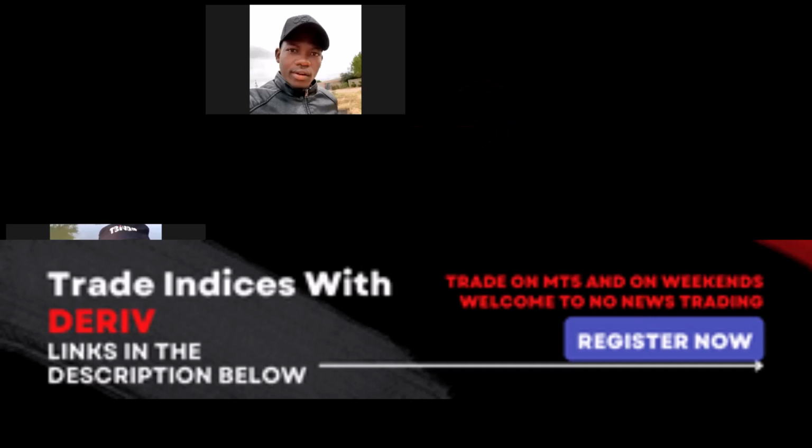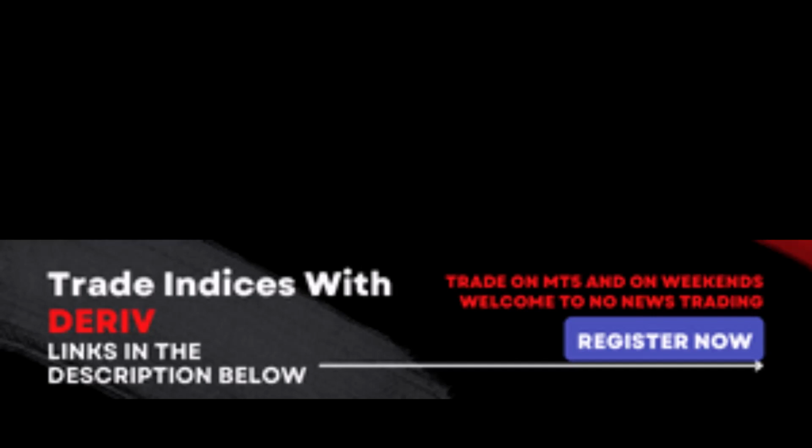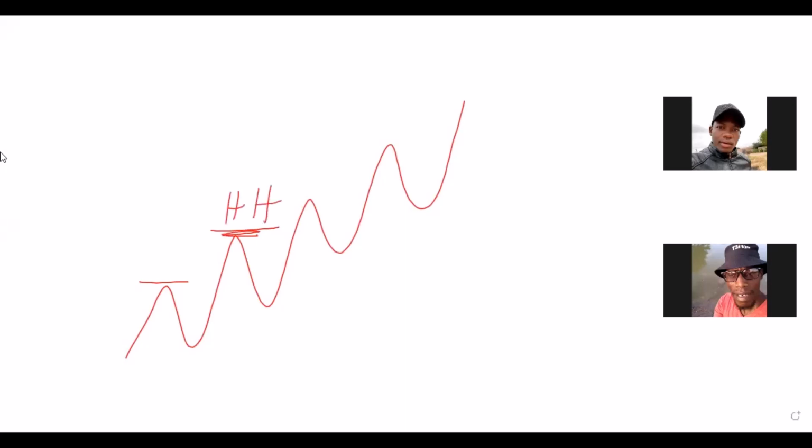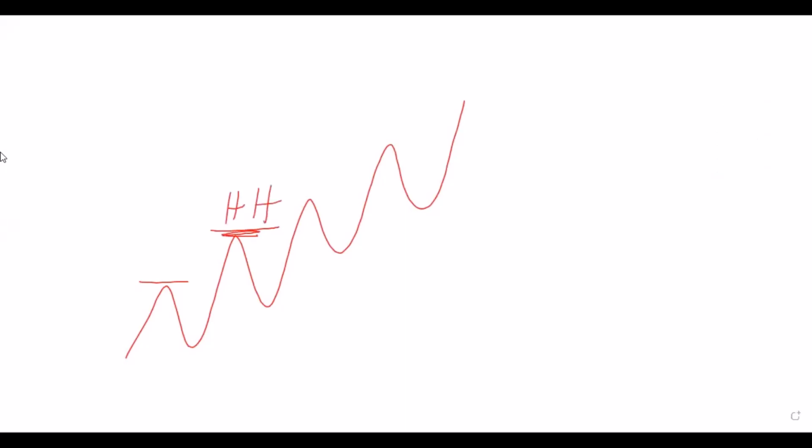I'll start by sharing a whiteboard so that we can be on the same page. Let's say this is how the market is moving. This is a high, and this is a high. This high, let's mark it higher high, is formed after a break of this one.